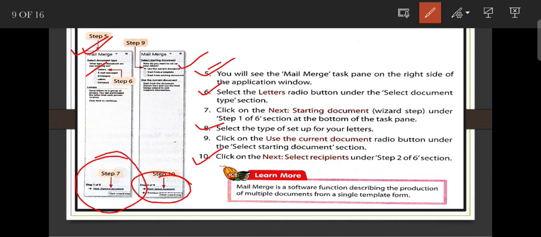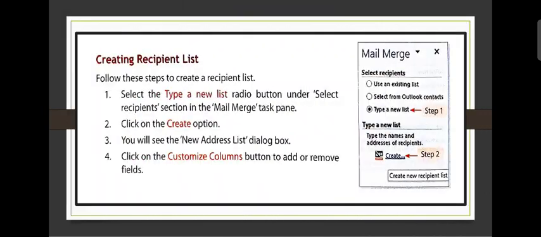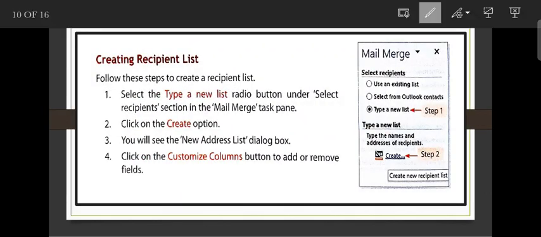Then go to the next step, next starting document. After that you need to choose the use current document because you have already written the letter. You need to choose the current letter, then choose next, select recipients. After that you need to create the recipients list.